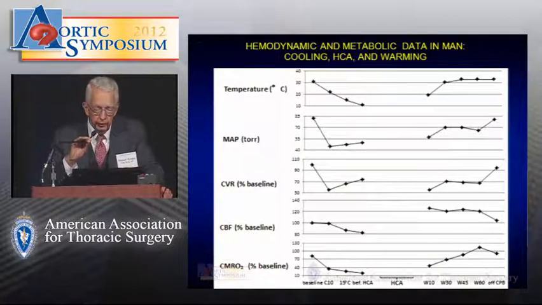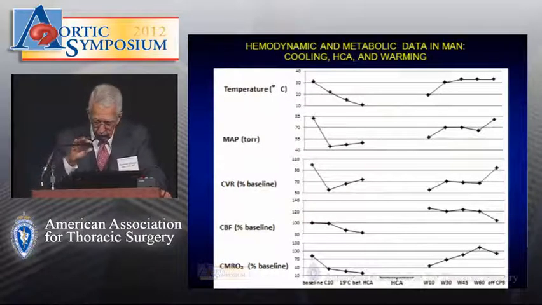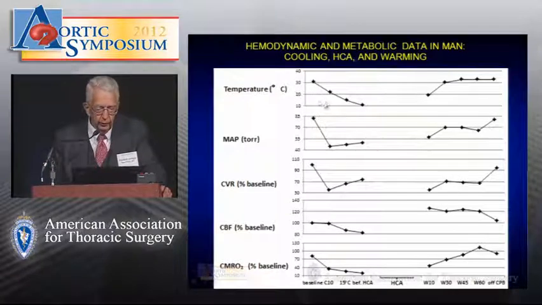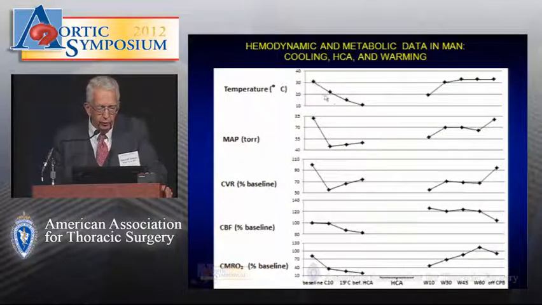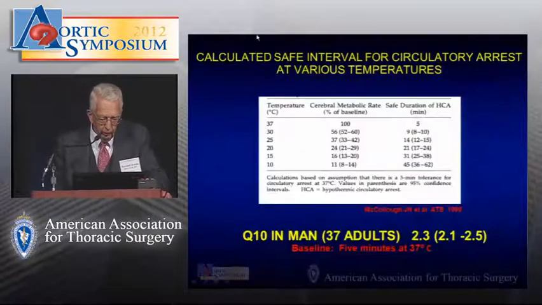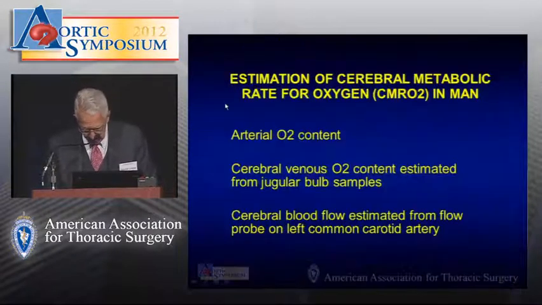And this is a composite graph of hemodynamic changes and metabolic changes that occur in man with the drop in temperature. It's interesting to look at. You see here as the temperature drops, this is at first off cardiopulmonary bypass and the last 3 points on bypass.